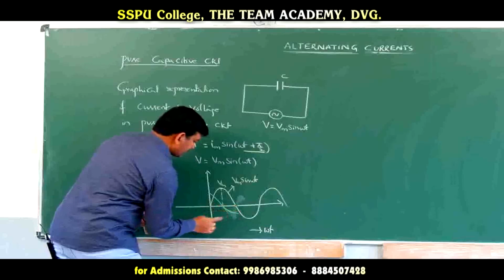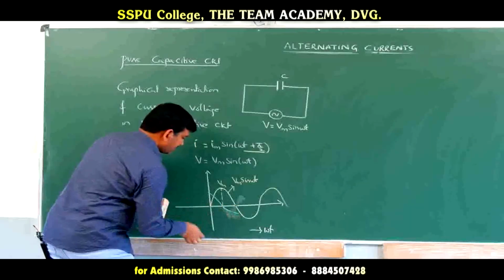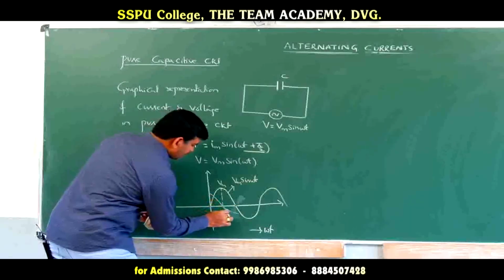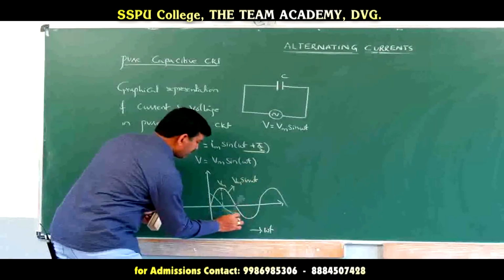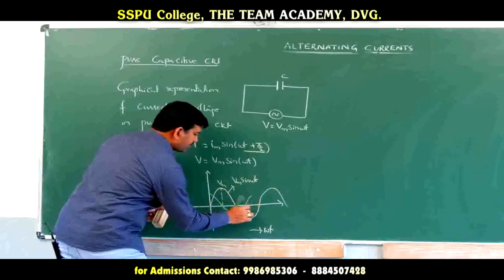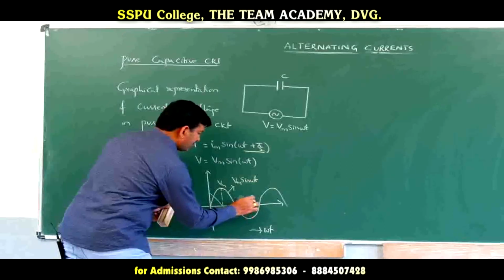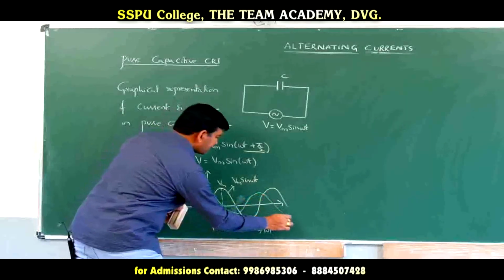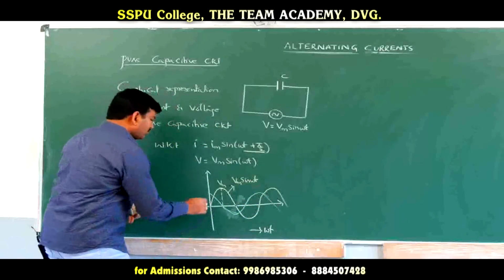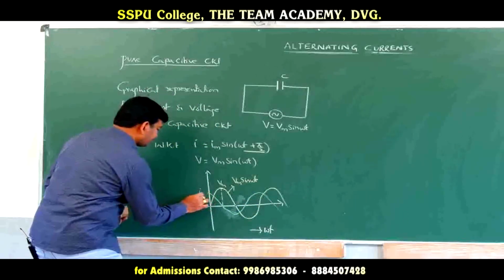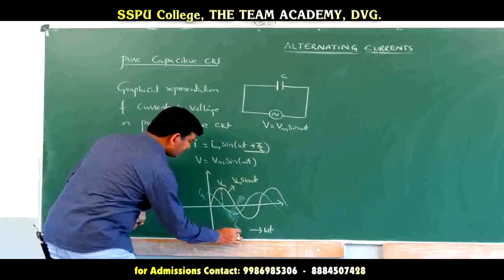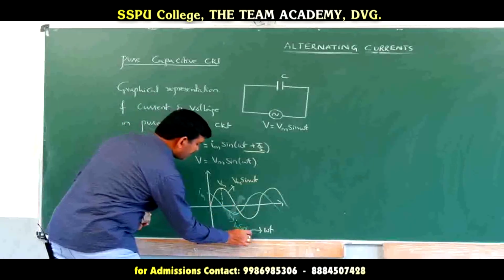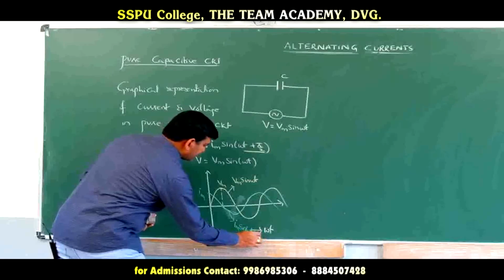This is 0, this must be maximum in reverse way, and this is maximum, this must be 0. Like this it should be varying. So this is Im, this is Im, and this represents Im sin omega t plus pi by 2.